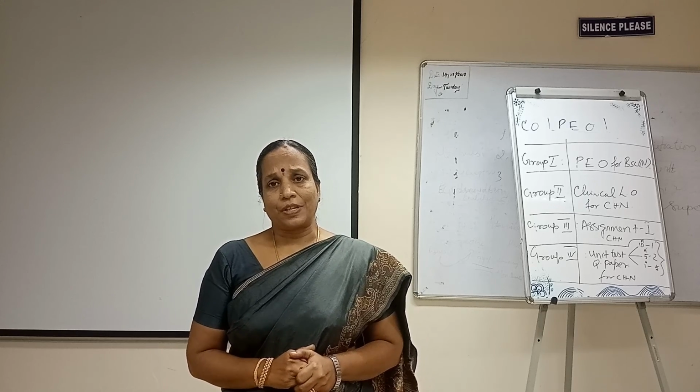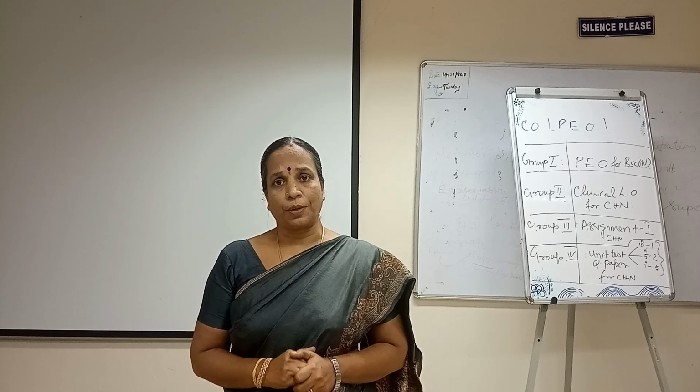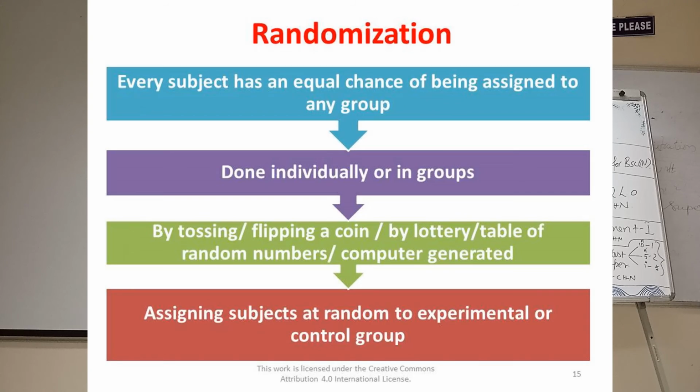The last characteristic is randomization. Randomization means giving a chance to all the subjects to participate in the study. That means every subject has an equal chance of being assigned to any of the groups.